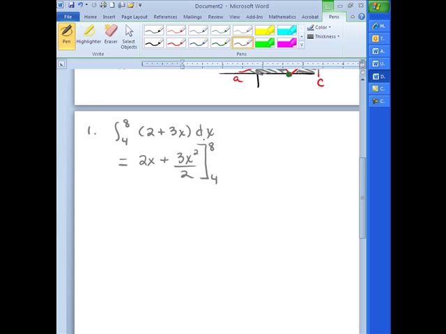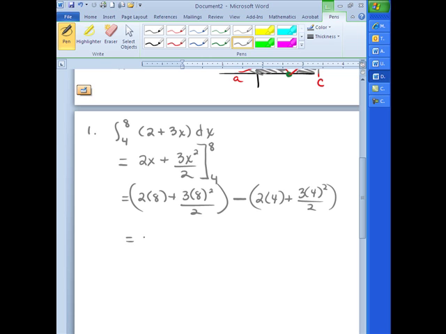And so to evaluate that from 4 to 8, the first thing we do is plug in 8 everywhere. Sometimes you might want parentheses, because then we have to subtract what we got when we plug in 4. So be extra careful with that subtraction on the end there.